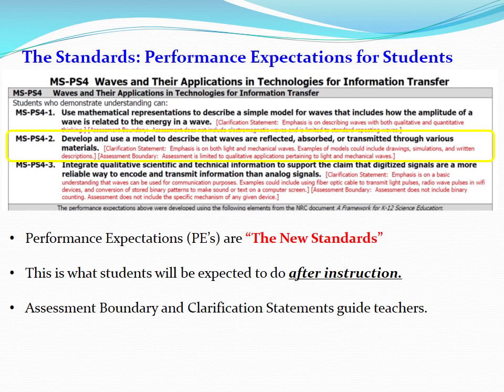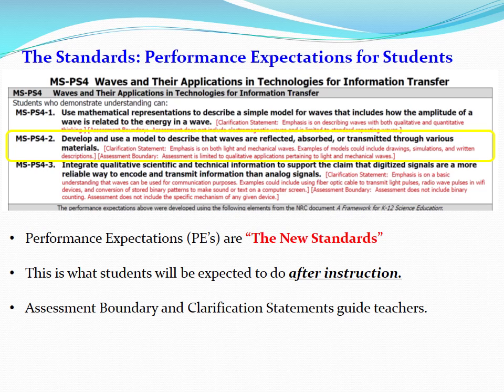An example of models could include drawings, simulations, and written descriptions. So they are clarifying what they mean by a model in this case. Could be a drawing, could be a simulation, could be a description. Finally, this portion here called assessment boundary tells where the students will be assessed at this grade level. Assessment is limited to qualitative applications pertaining to light and mechanical waves.